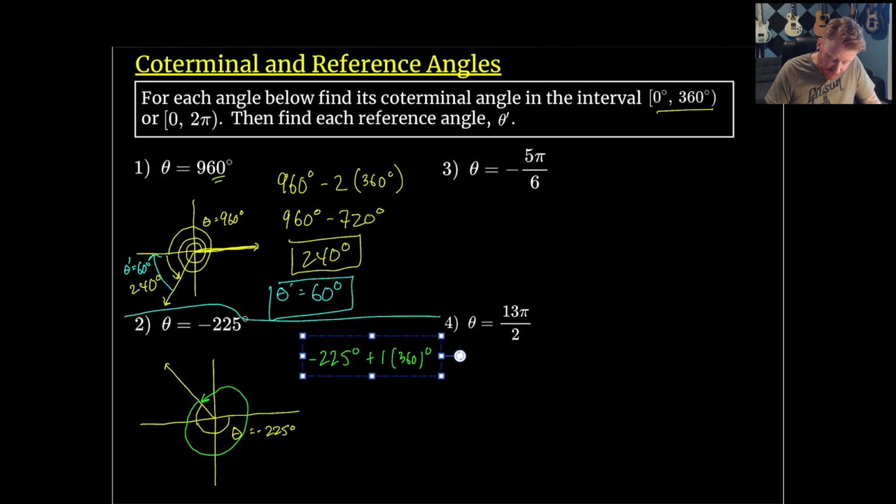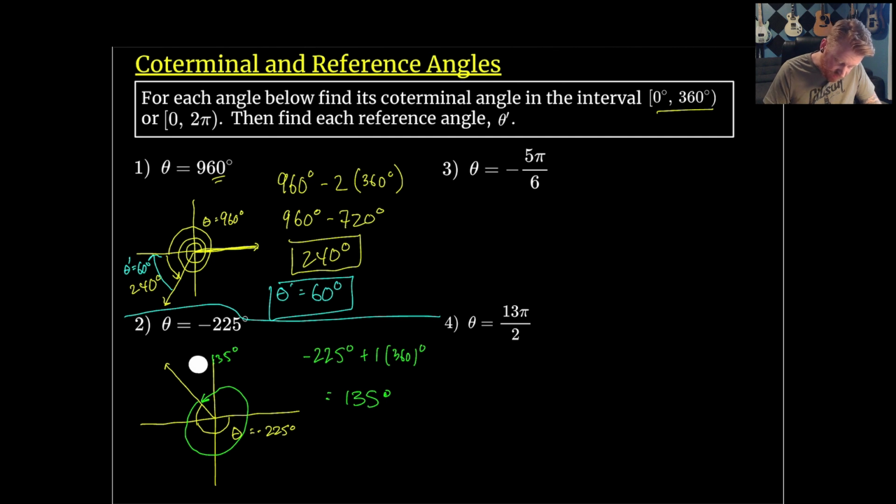Negative 225 plus 360 is going to give us 135. So this is the coterminal angle, 135 here.